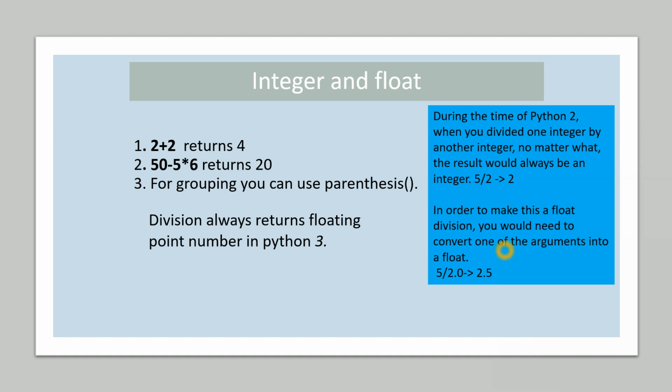If you want a float result, like 5 divided by 2.0, if you want the complete result of the division, then you need to pass at least one of the arguments as a float. Like here I have given 5 as an integer and 2.5 as a float, then it returns 2.5. If you give complete integer values there, then it always returns an integer in Python 2, no matter what values you have passed. But in Python 3, it always returns a floating point number.